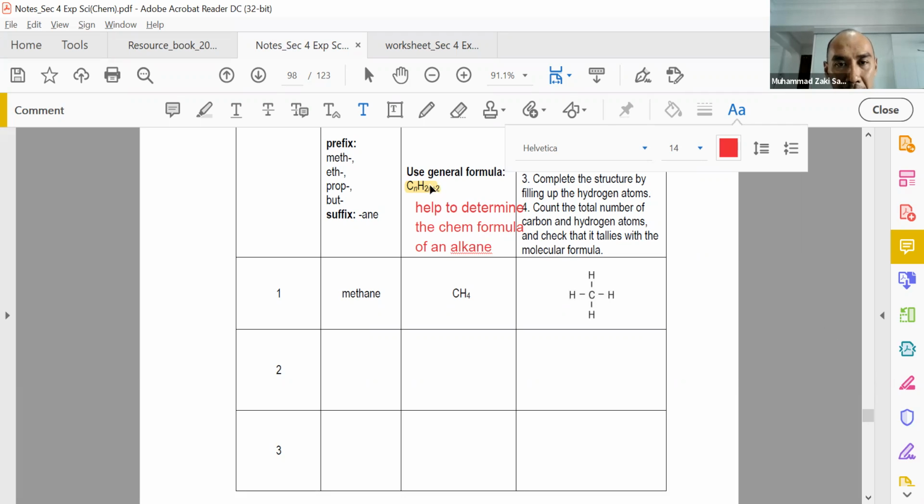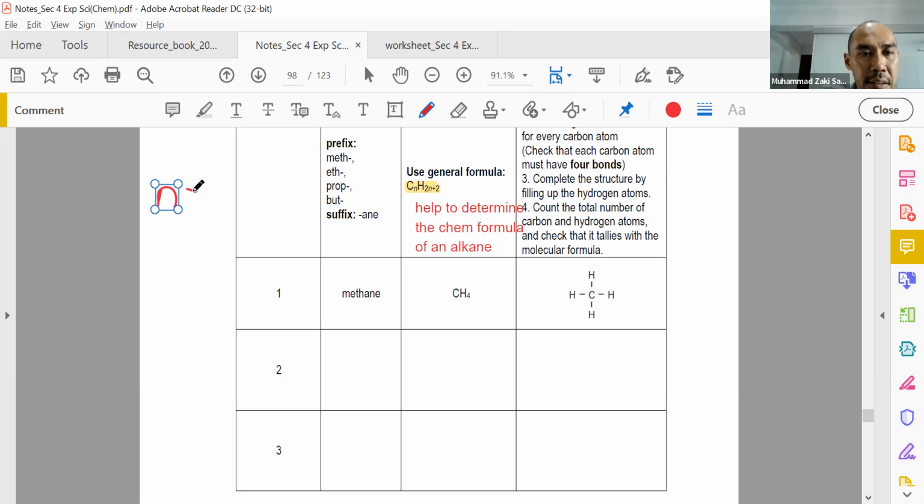N represents the number of carbon. Then you use the mathematical formula here to determine. For example, let's see methane.